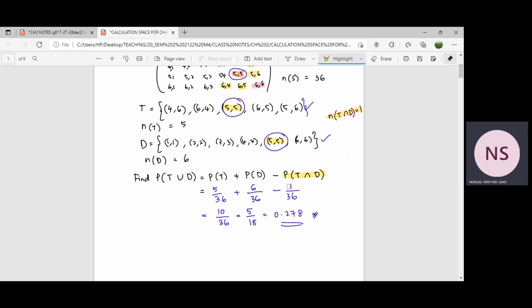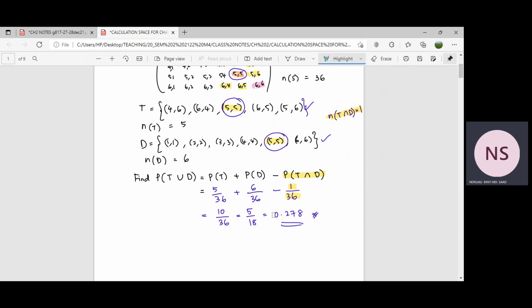Therefore, we have 1 over 36. You can proceed with this calculation, P(T) plus P(D) minus P(T and D). So this will be the answer. You can leave your answer as the fraction 5 over 18, or you may leave it in decimals.